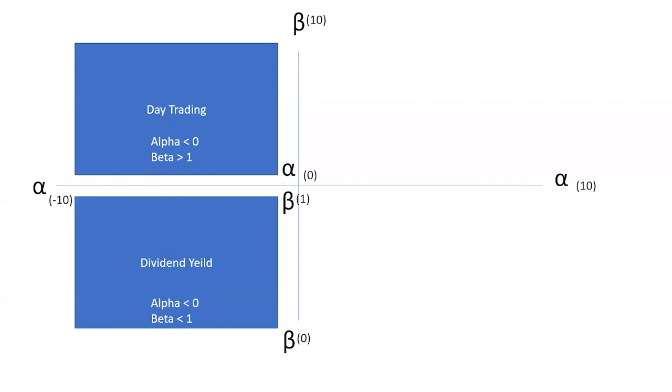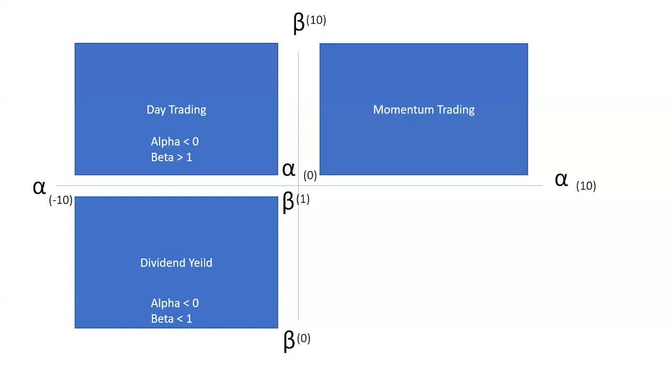By the way, day traders do not care if their stock is beating the stock market or not, because they are going to sell their stock at the end of the day. They just ride the wave of the stock market as it goes up and down.